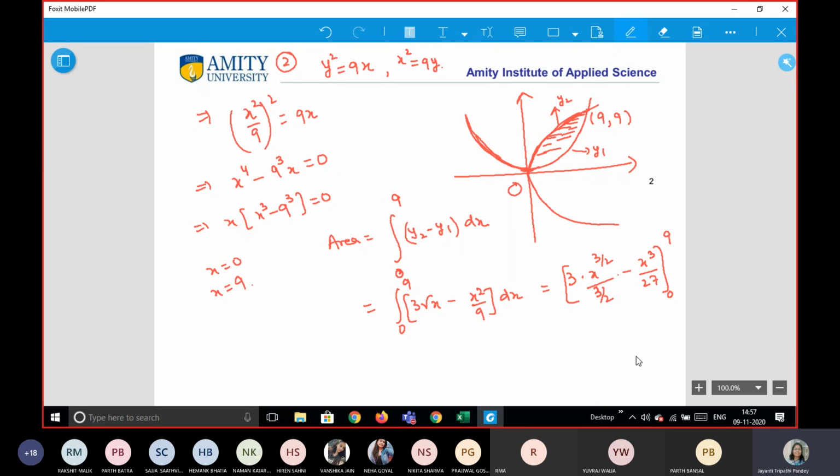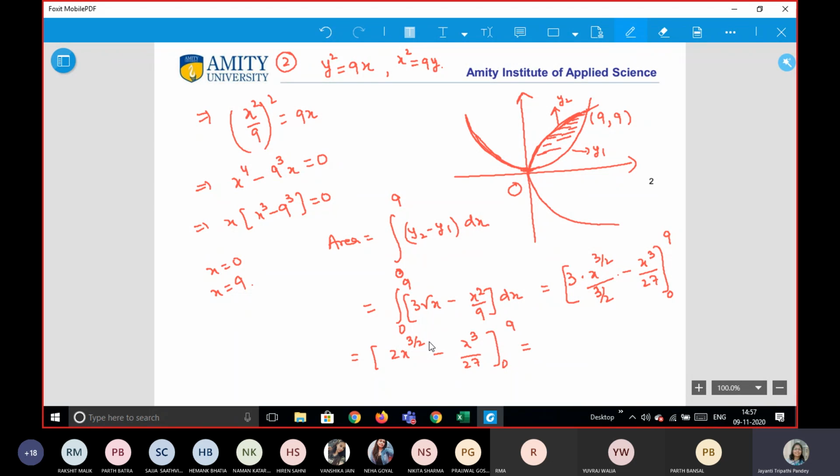Is this fine or not? Integration understood? So we will get 2x to the power 3 by 2 minus x cube by 27, 0 to 9.